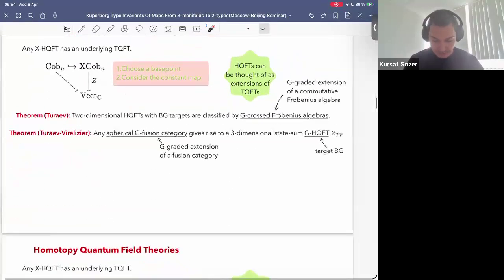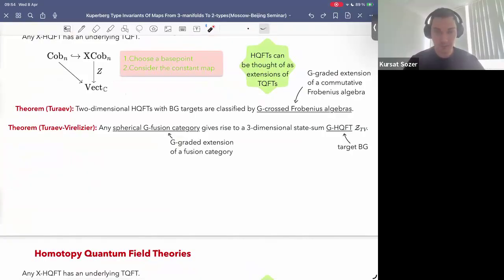So what has been done in this field? Two-dimensional TQFTs are known to be classified by commutative Frobenius algebras. When we choose the target to be BG, in this case G doesn't have to be finite, and G is just a discrete group. It doesn't have to be abelian. It doesn't have to be finite.